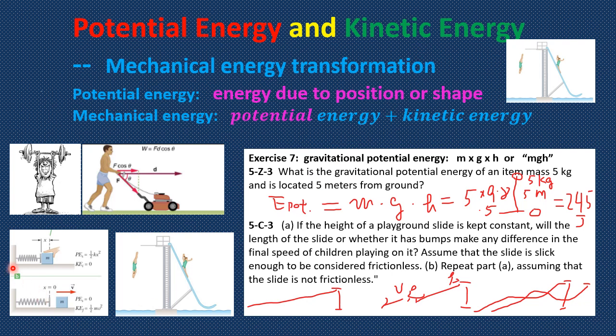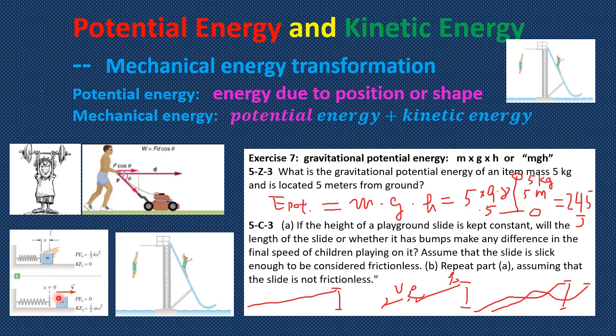If you have a spring and you stretch it, its position changes, so the energy is stored in the spring. Also, later on you will learn about molecules or other elastic things: if their shape changes, if it is elastic, it tends to go back.